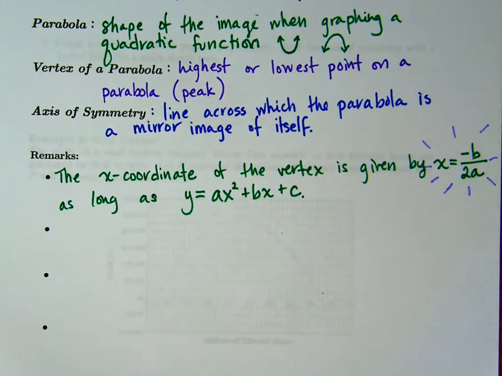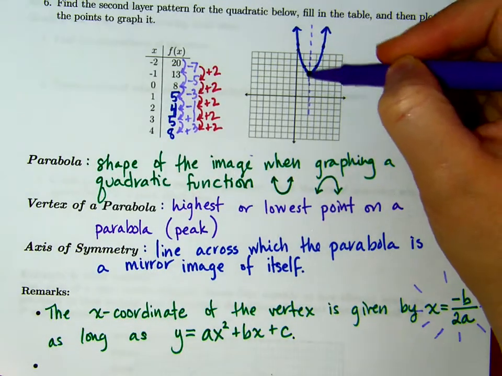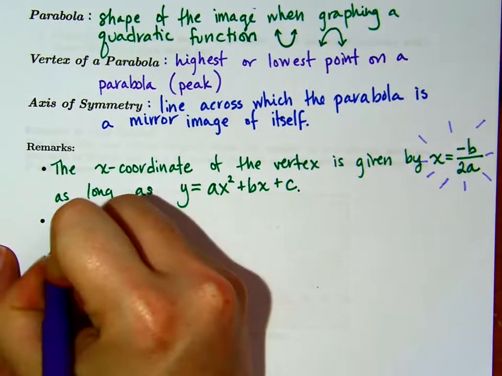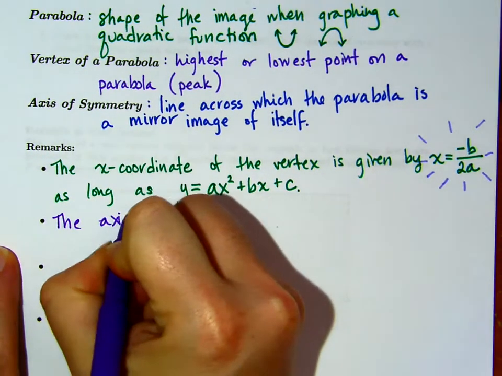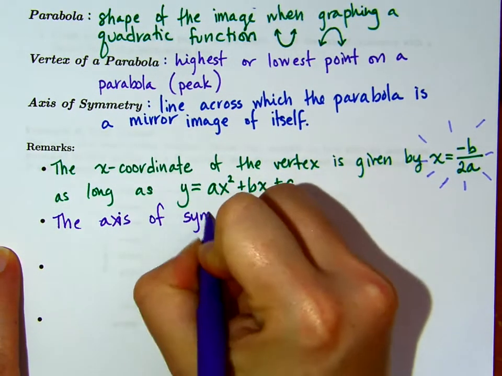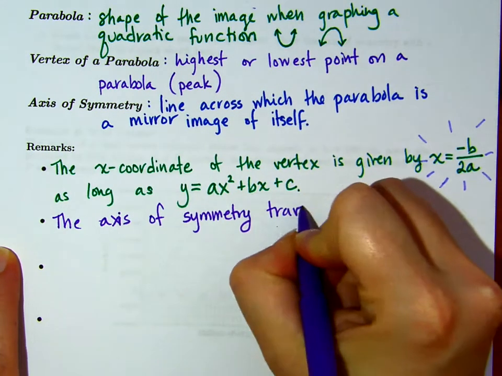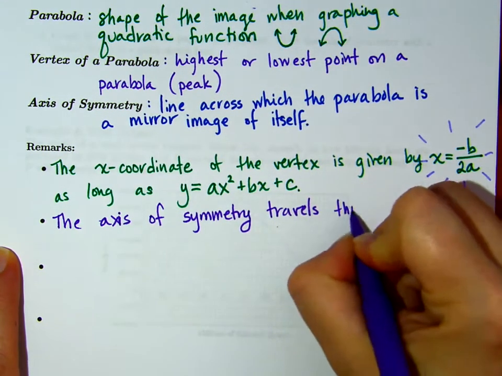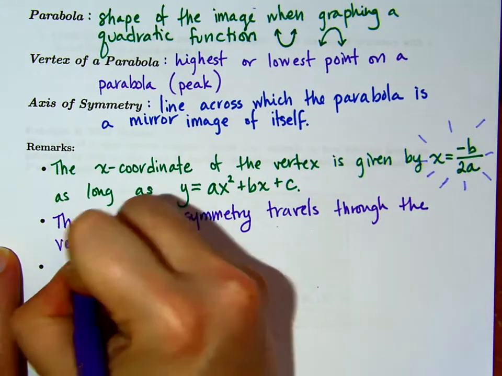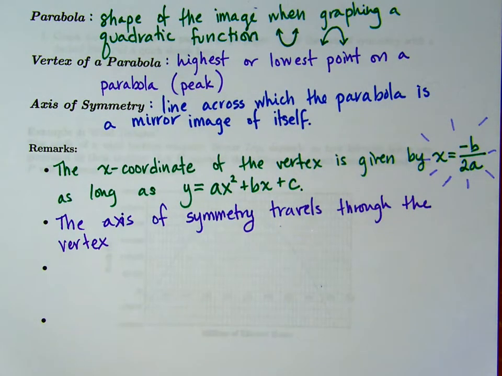Okay, another remarkable thing, the axis of symmetry travels through that vertex. Okay, so it's doubly important here. So the axis of symmetry travels through the vertex.